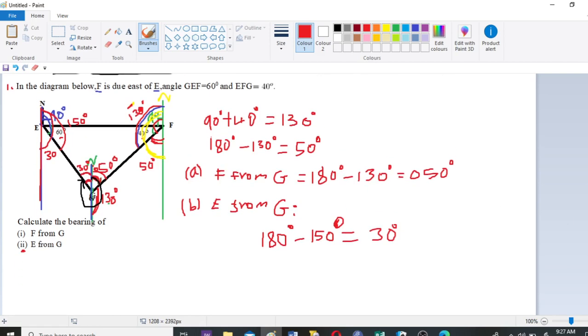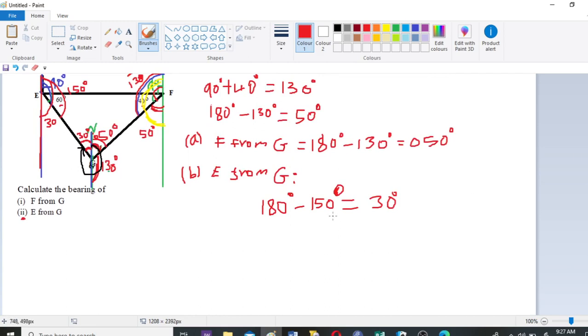Because I've found this angle to be 30, to find the bearing of E from G, I'll take the total. We know that a complete circle has an angle of 360. This time it is incomplete by 30 degrees, which I've calculated there.